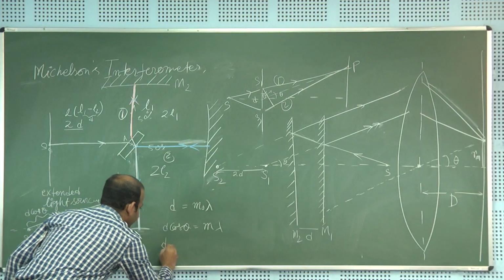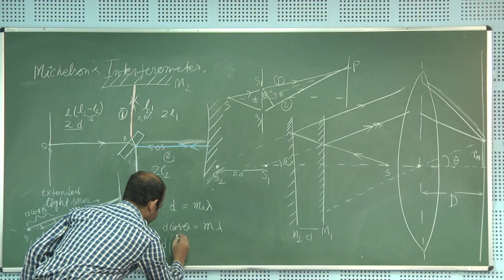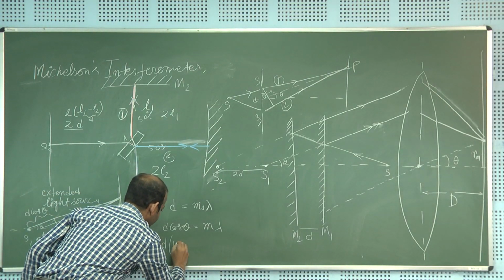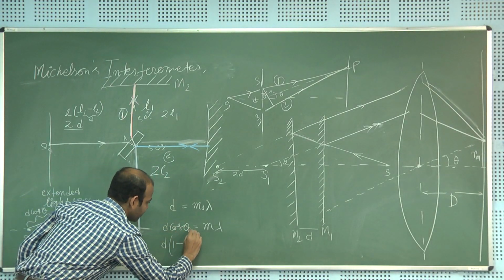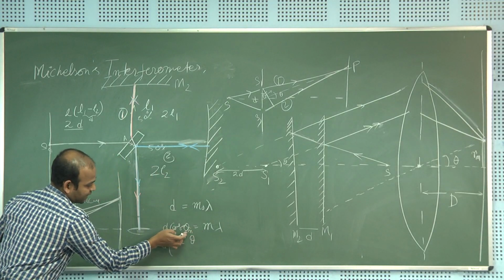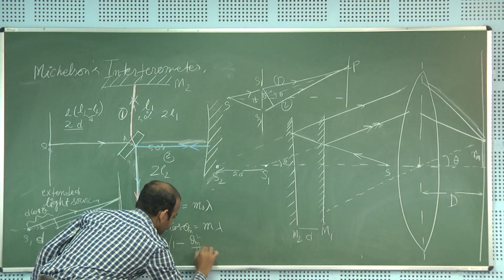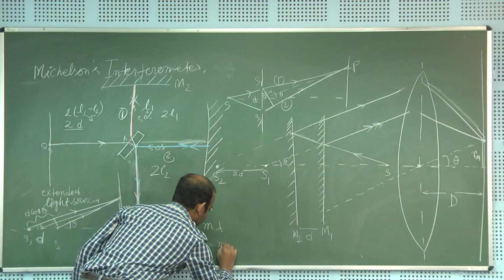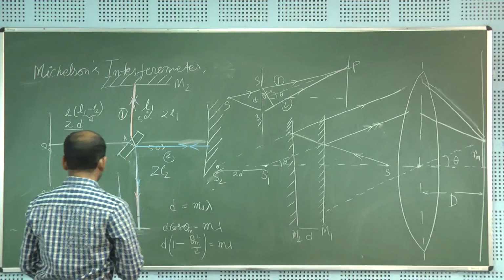And then for small angle theta approximation, we can expand this term to 1 minus theta m square by 2, since we are talking about the mth order fringe, times m lambda.